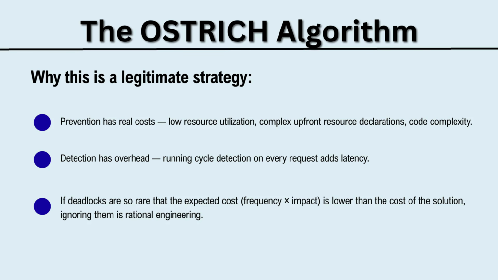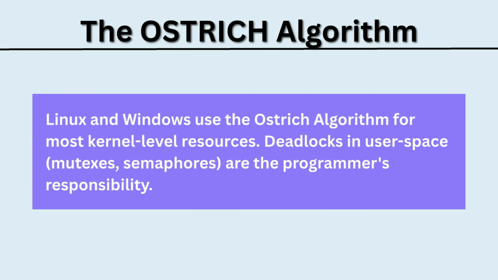If deadlocks are rare enough that the expected cost, which is frequency multiplied by the impact, is lower than the cost of prevention or detection, then ignoring them is the right call. You just restart when it happens, which might be once a year. And this is actually what Linux and Windows do at the kernel level for many resource types.